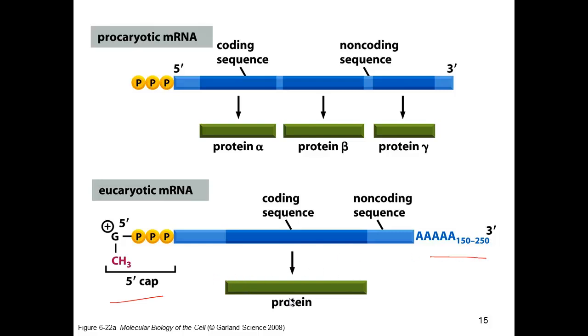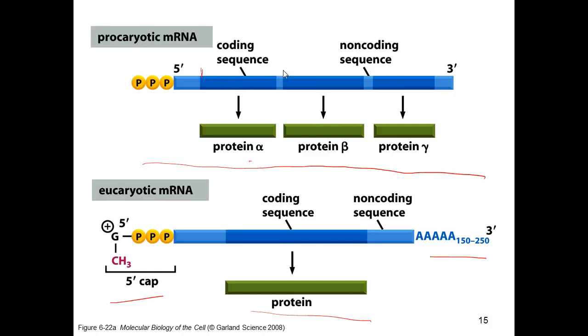Eukaryotic mRNAs almost exclusively code for a single protein. And that's the biggest difference from prokaryotic mRNAs. These are sometimes referred to as operons, and a single mRNA transcript can code for 3 proteins. There will be 3 different translation start sites.